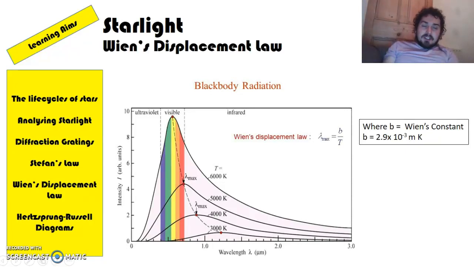For example, a star of 3000 Kelvin is emitting wavelengths all the way from 0.5 micrometers to more than 3 micrometers.